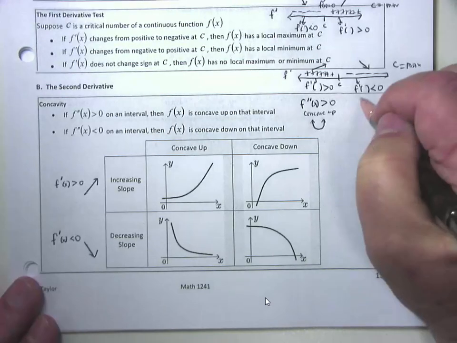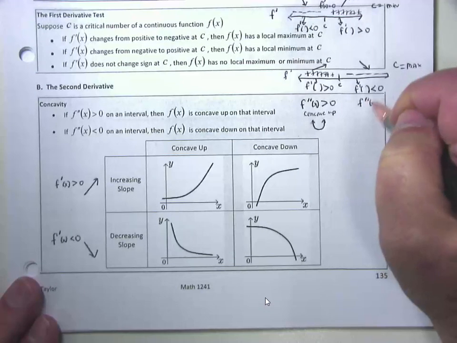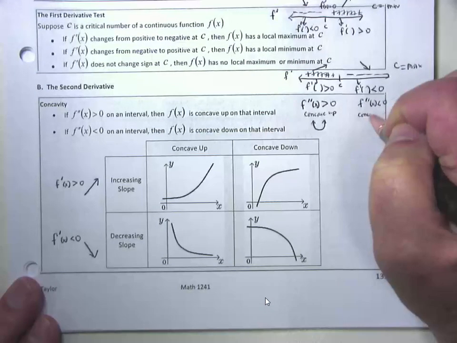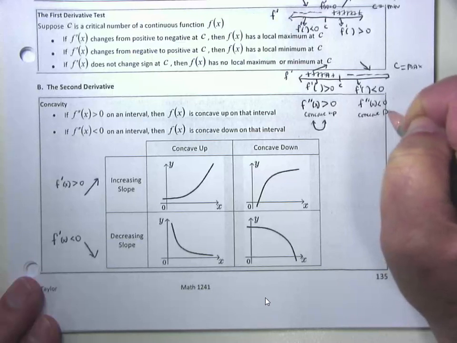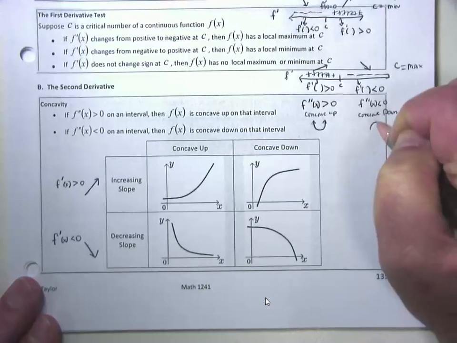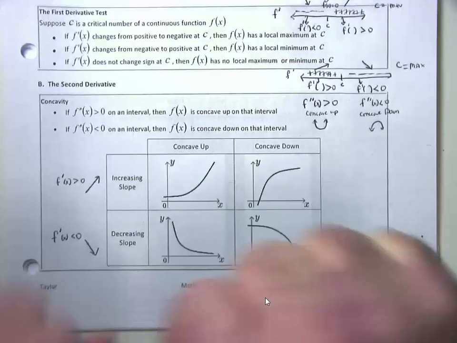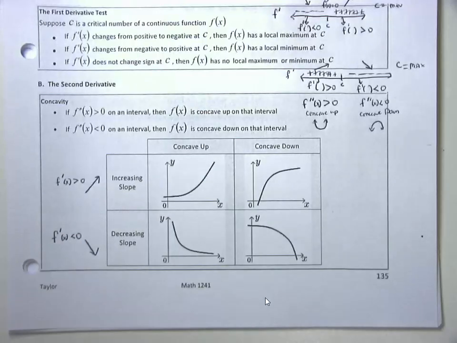And if the second derivative is less than 0, that means it is concave down, and concave downward means it is bent downward. Okay? So, putting these two concepts together, we're going to be looking at what the graphs of these functions look like through their derivatives.